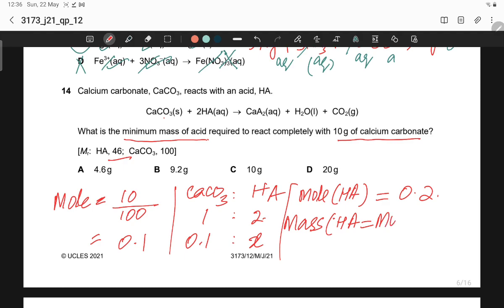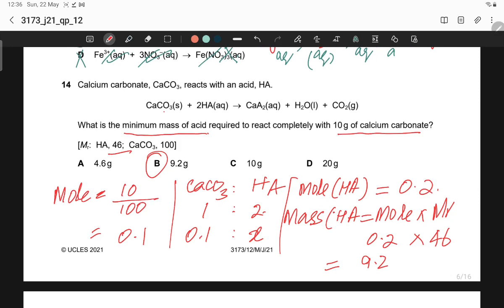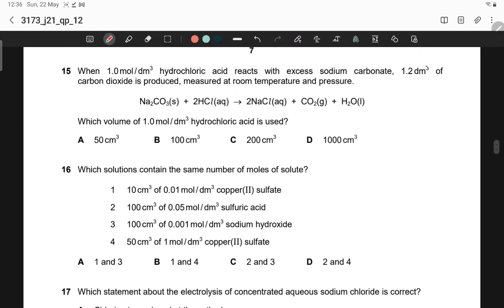Mole is 0.2, Mr is 46. 0.2 into 46, the answer is 9.2 gram. B option is correct.